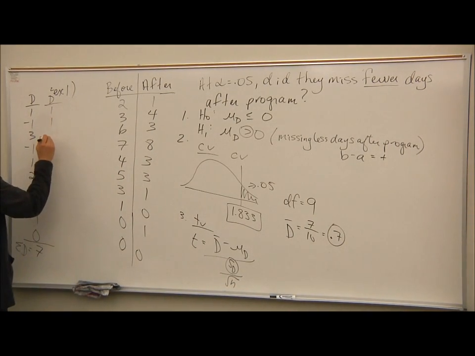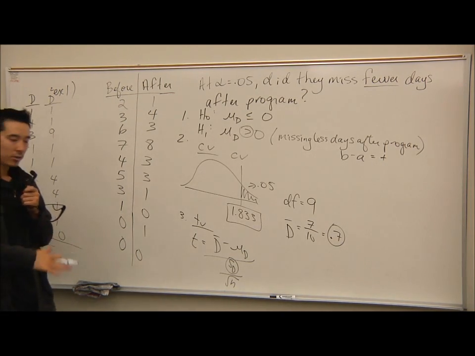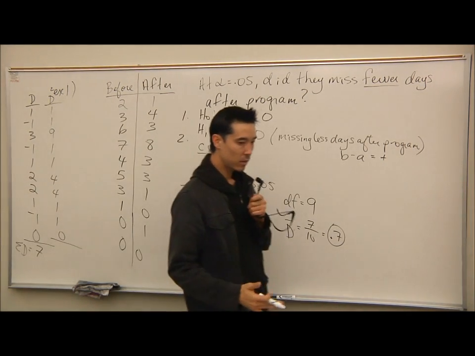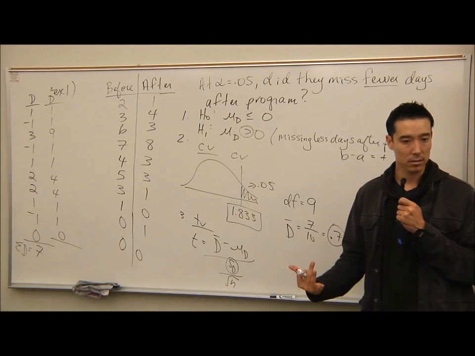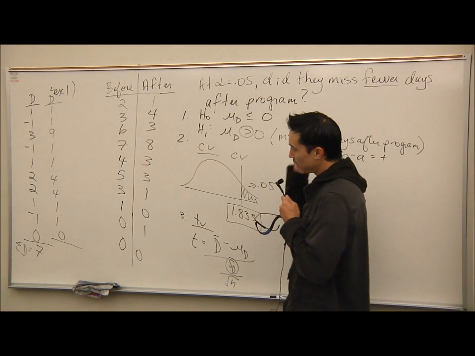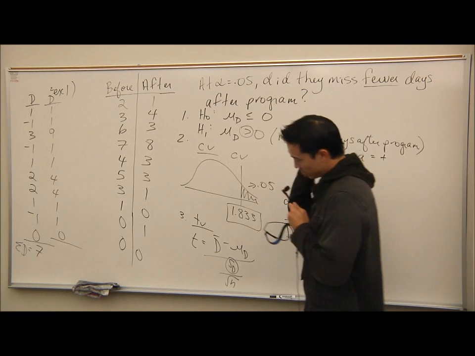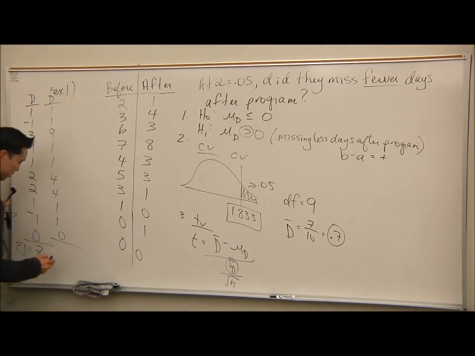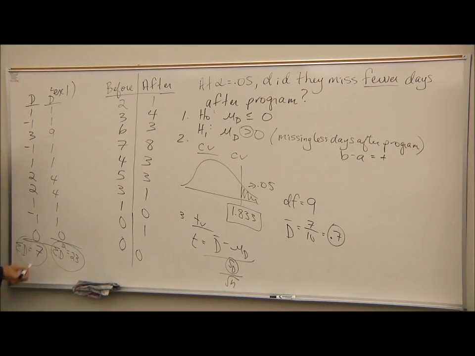Negative 1 squared is also 1. 3 squared is 9. 1, 1, 4, 4, 1, 1, 0. And if I underline that and I add up all of those d squareds, that is going to be the summation of the d squareds. Okay? So go ahead and somebody add those up for me. 23? Okay, great. So the summation of the d squareds is 23. So circle that. We need that one, and we also need this one.